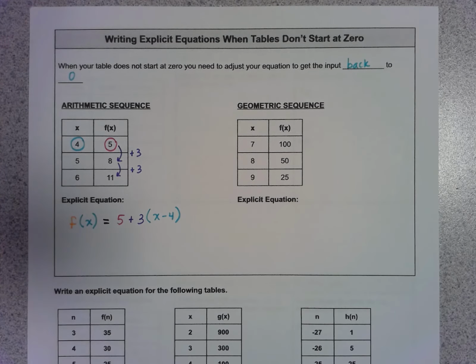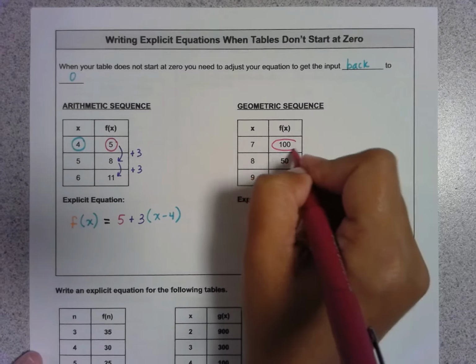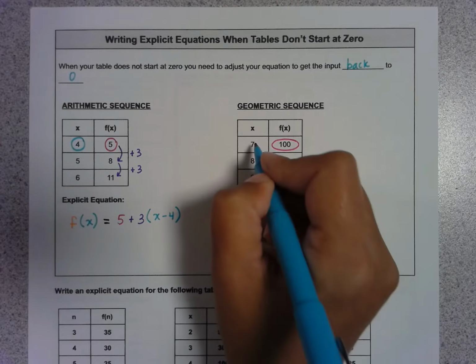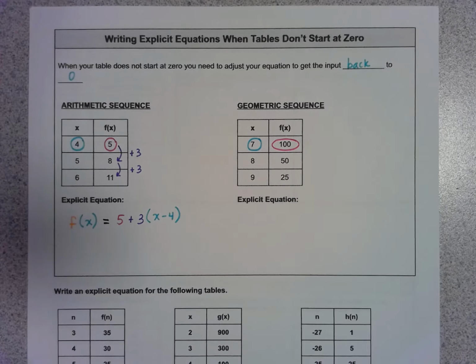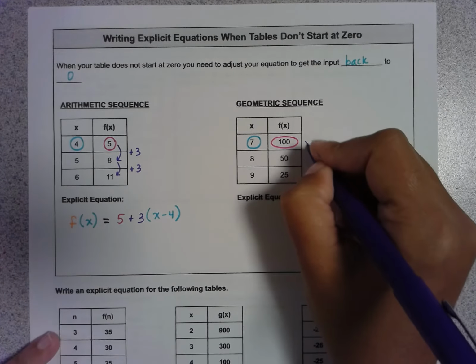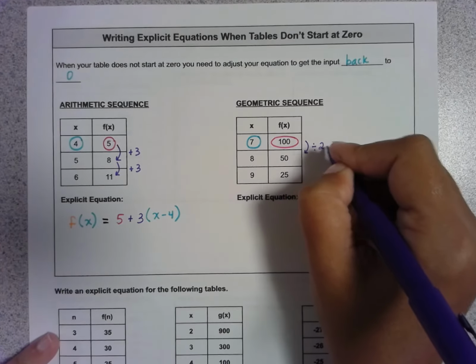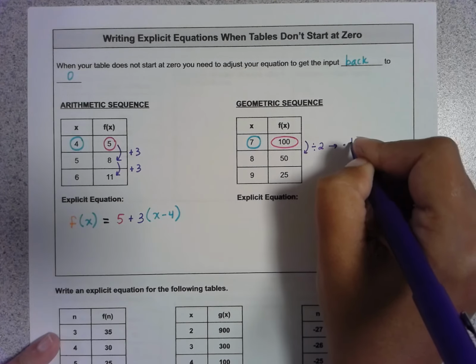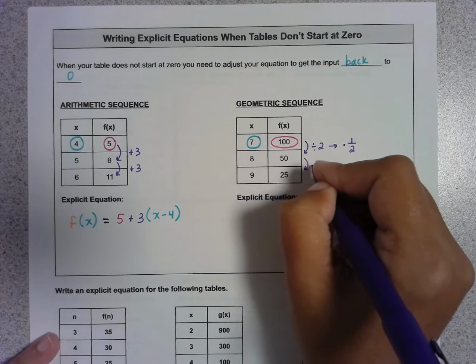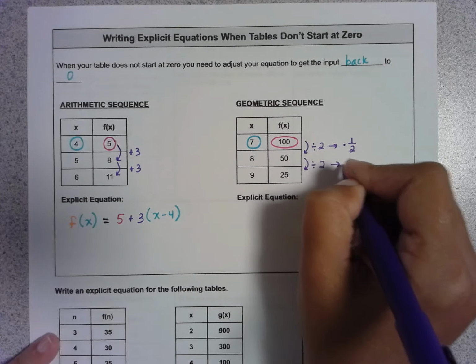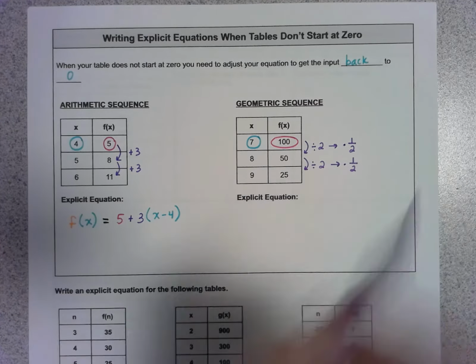Now, if your pattern is geometric, so in the next sequence, we've got starting with 100, and our input starts with 7. Our pattern here is we are dividing by 2, which I'm going to rewrite as multiplying by 1/2, because I know that we can't do division in an equation.